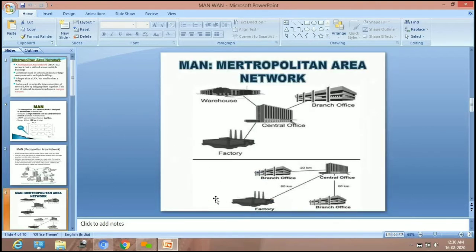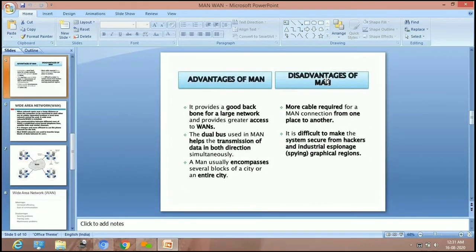In the next slide, this is the central office, and these are the warehouses, factories, and branch offices. These may also be connected together with the help of a MAN, a metropolitan area network, right?